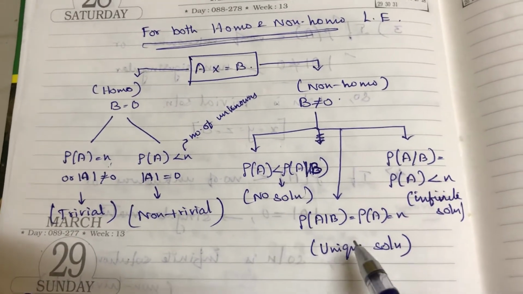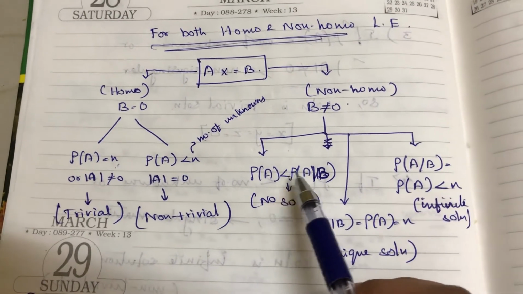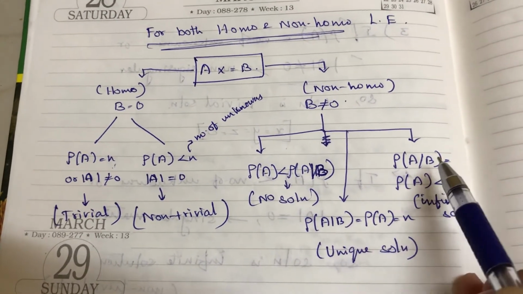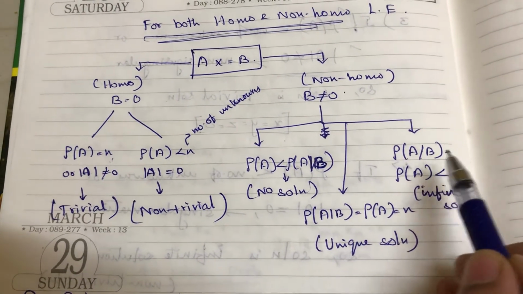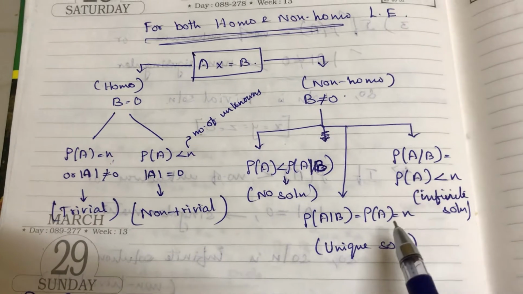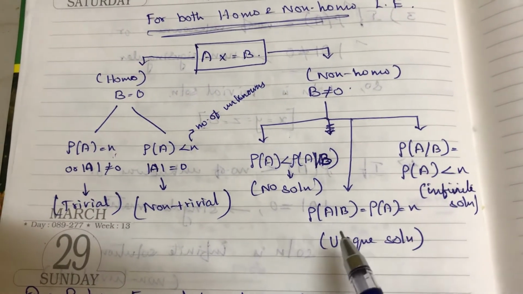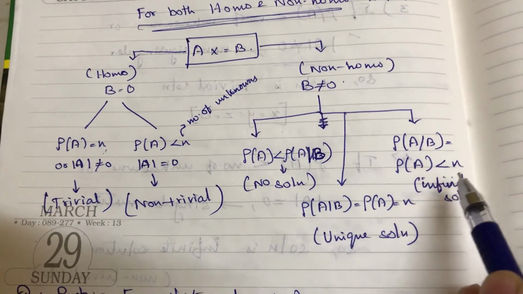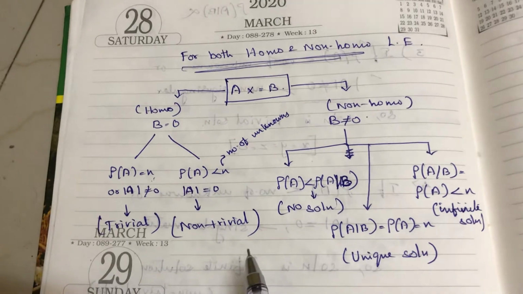If they are equal, go to the other two categories. If rank of A bar B is equal to rank of A and both are equal to the number of unknowns, it is a unique solution. If it is less than the number of unknowns, it is an infinite solution. That's it. Just consider this.